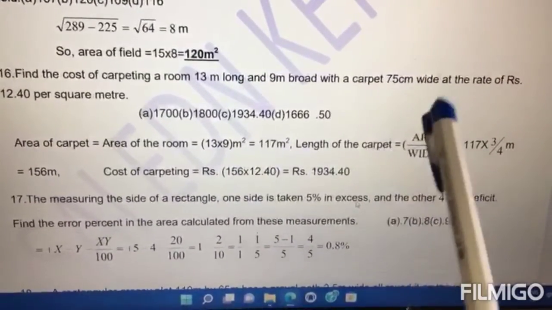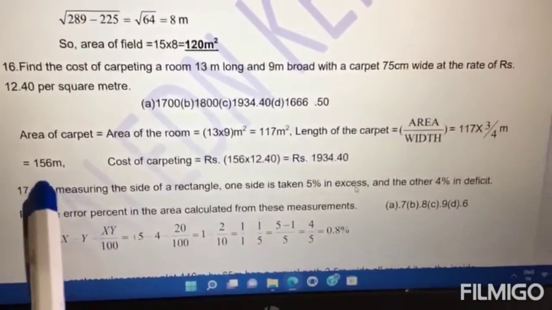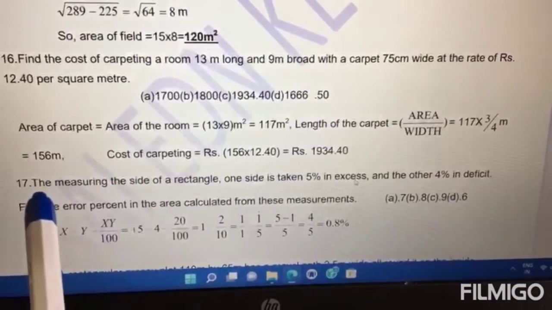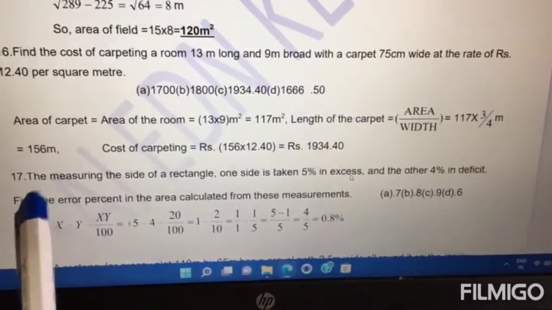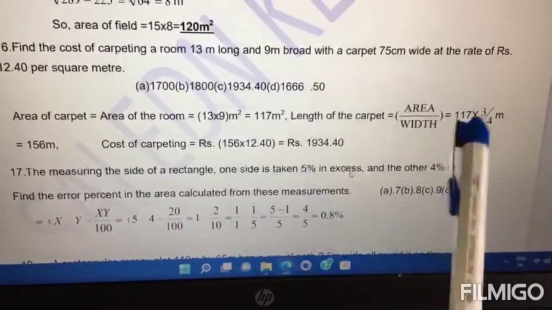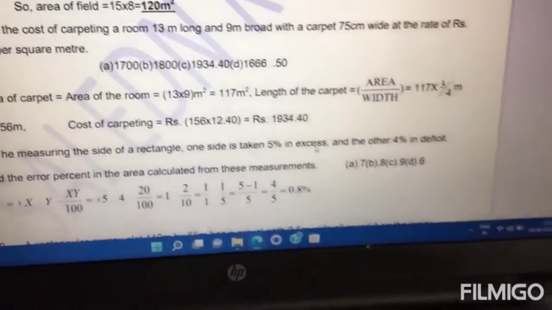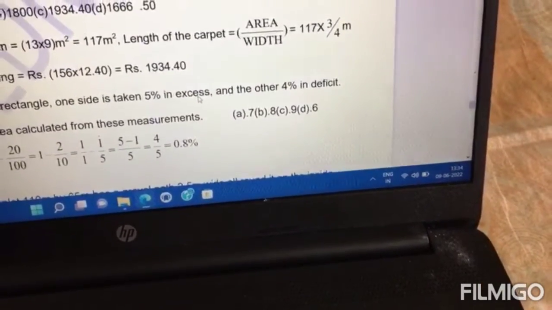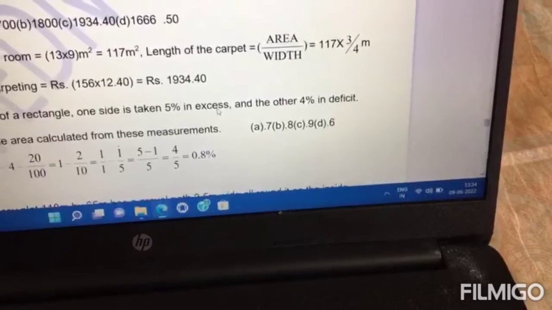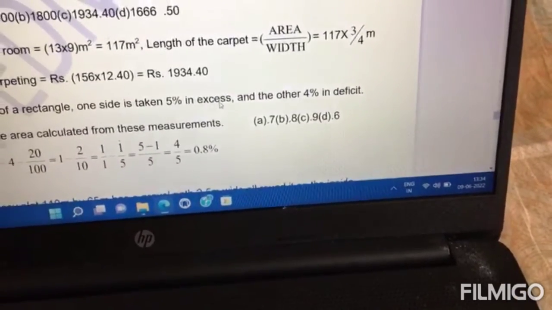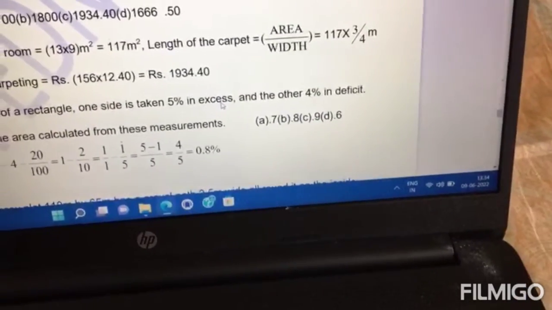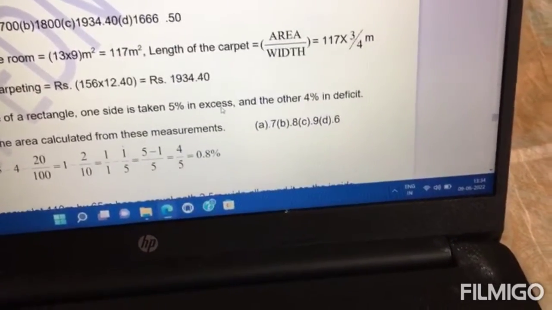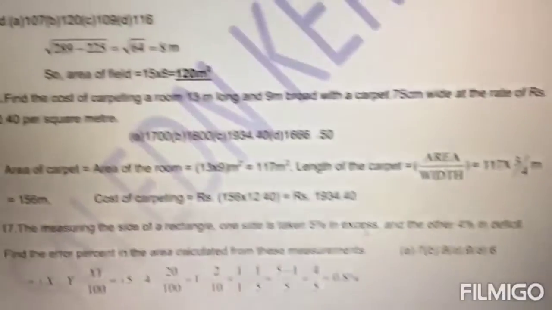Sorry, we are given the width of the carpet, we have to find the length. The length is 156 meters. There could be a problem here, just give me a minute. So 117 into 3 by 4 is, sorry, 51 by 4, which is, yeah, there is a mistake here.